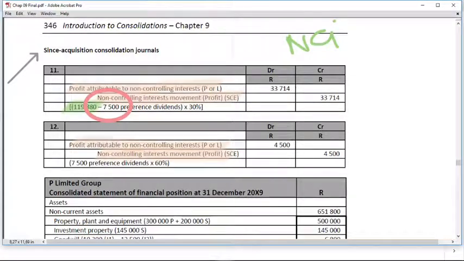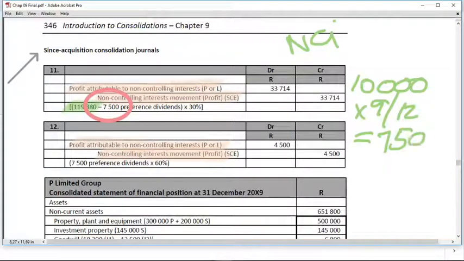So the only portion of the since acquisition date profit that is attributable to the preference shareholders is the 10,000 total dividend for 9 months, which gives you the 7,500. That is moved from the profit of S before we attribute to the ordinary share NCI.